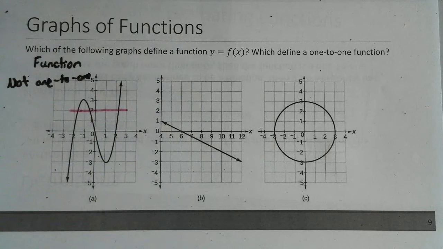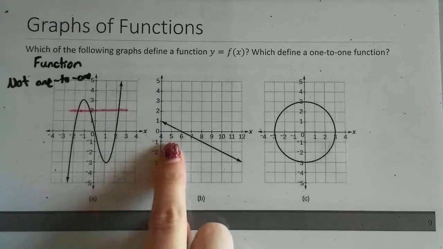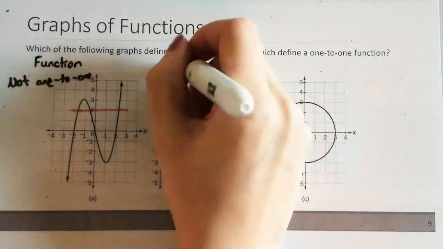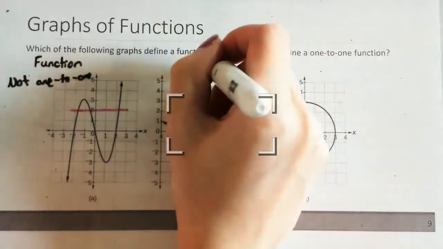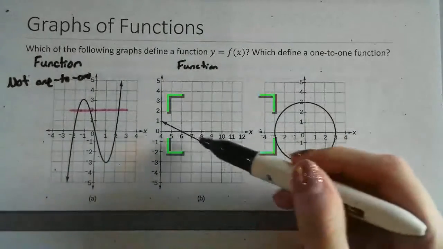Moving on to graph B, we want to check to see if that is a function, and if it is, if it's one-to-one. Checking if it's a function, do any of our x values repeat? Nope, so it's a function. To check if it's a one-to-one function, do any of our y values repeat?